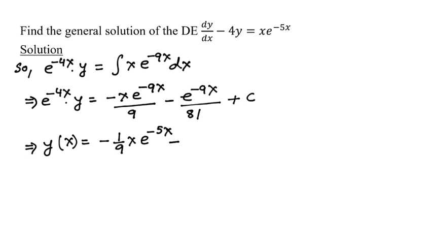Then minus 1 over 81 e to the negative 9x divided by e to the negative 4x, which is again e to the negative 5x, then plus c divided by e to the negative 4x, which is the same as c e to the positive 4x. So this is our general solution.